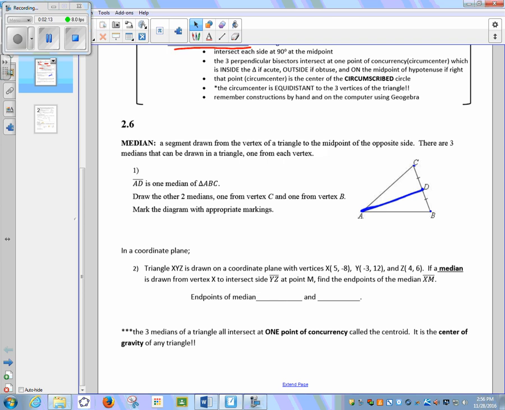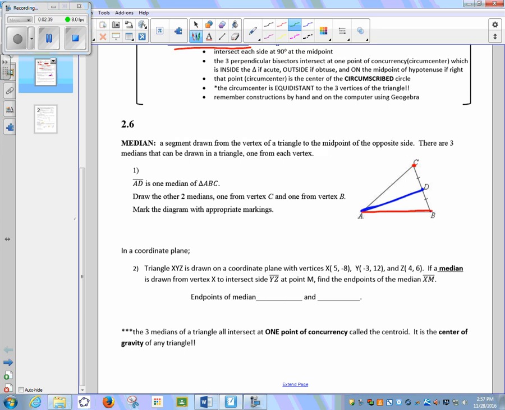It says here that there are three medians that can be drawn. So I'd like you right now, on your own, to draw the other two medians. We're not constructing anything here, so I don't want you to measure anything, just eyeball the midpoint. Let's say we're going to go from C and draw the median to side AB. The first thing we need is the midpoint of that side.